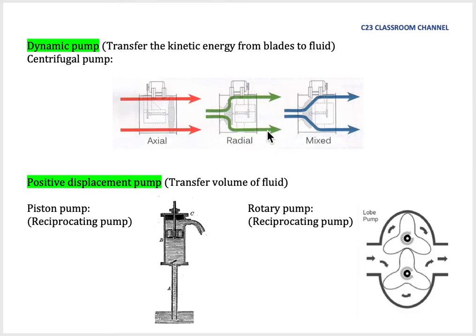The radial flow means that inside the pump, at the suction here, it will flow from left to right, horizontally. However, at the output here, the flow is vertical, meaning that it has changed from horizontal flow to radial flow inside the blade of the pump here. So we call this pump a radial flow pump.